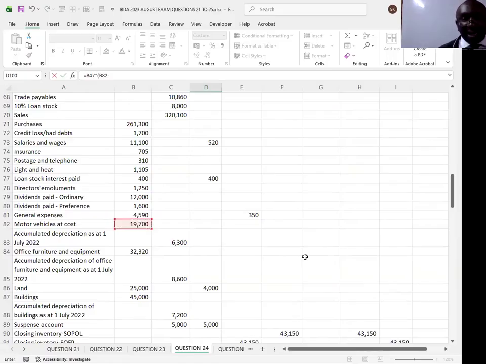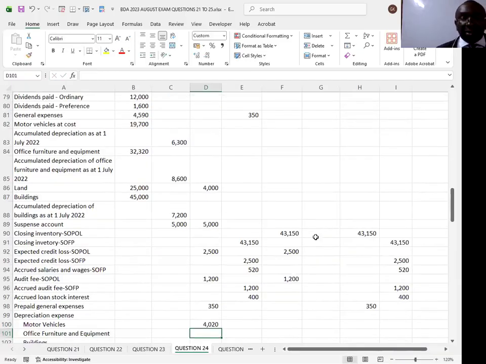Then you minus the accumulated depreciation at the beginning of the year, 6,300. So that gives you the net book value. Close the bracket, press enter, tell me what you're getting. Yeah, I can see 4020.